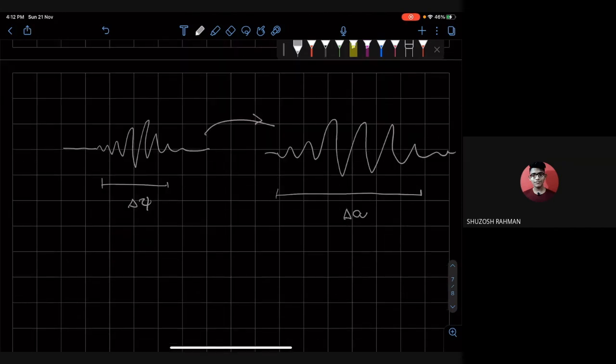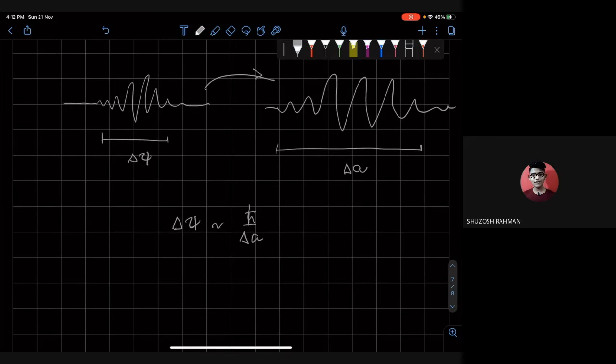Because of the Fourier transform, we know that delta psi will be the inverse of delta A with some h bar over here. So what is delta A? Delta A is a function of p. So here we can say delta A is h bar over delta psi.